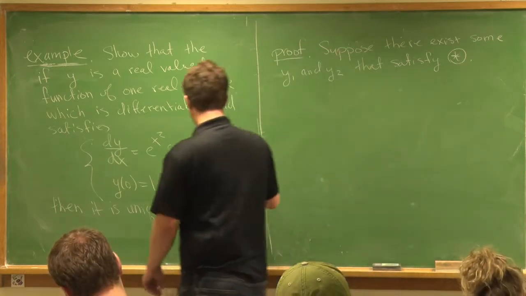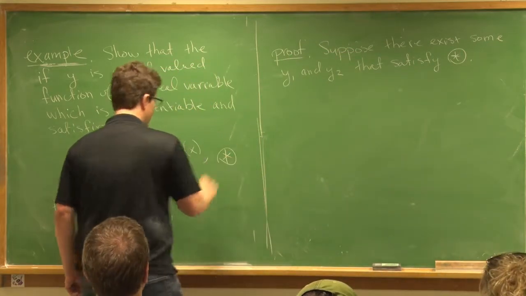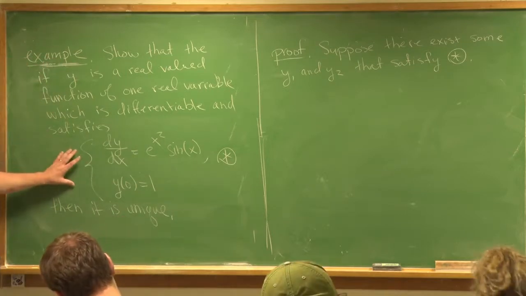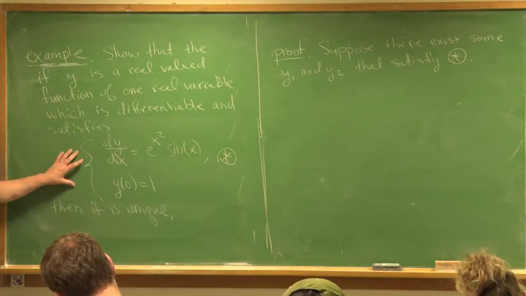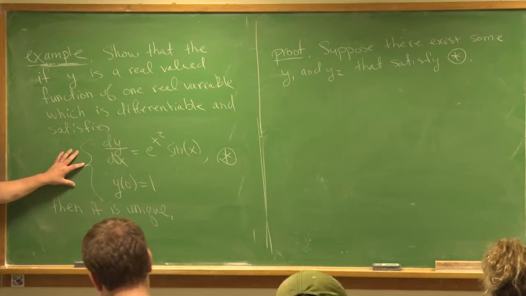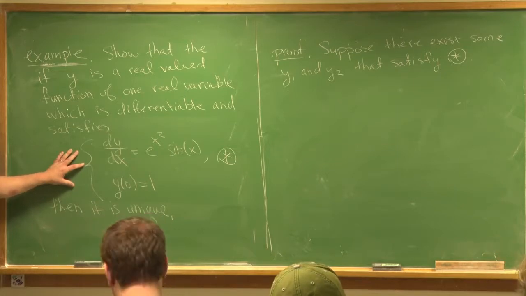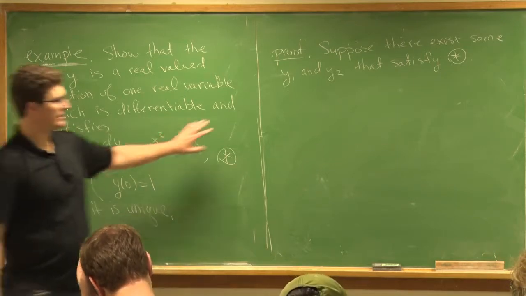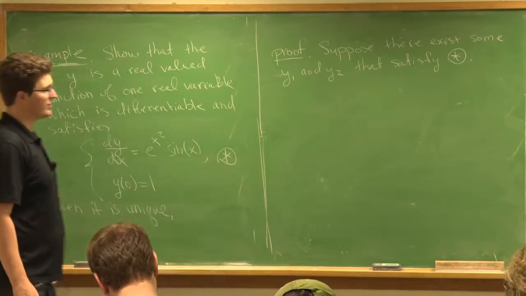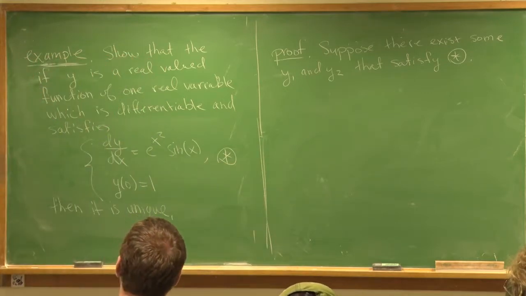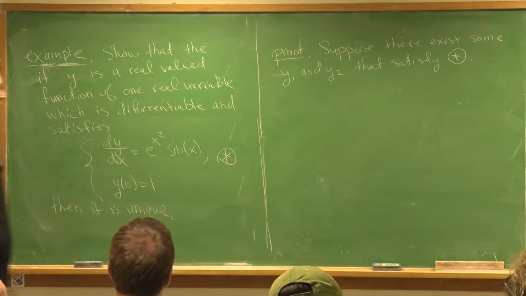A lot of times we like to label equations or conditions and then reference them later so that we don't have to copy them down all the time. There's actually shorthands in LaTeX for doing this, label and reference.